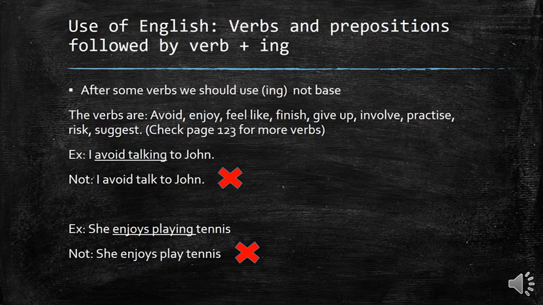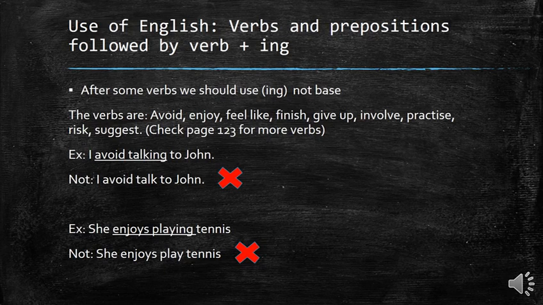These verbs that we're talking about are avoid, enjoy, feel like, finish, give up, involve, practice, risk, and suggest. You may also find other examples of these verbs on page 123. You can check them and come back to see the examples. You would find it very simple.